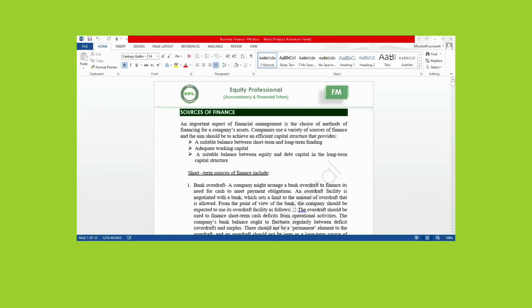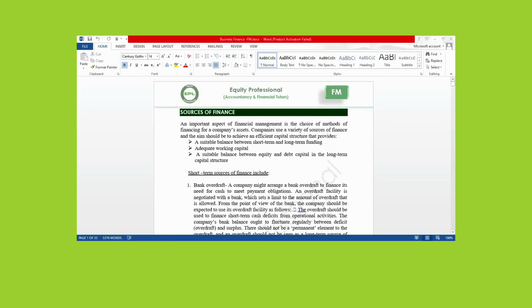Finance sources will be categorized into two groups.